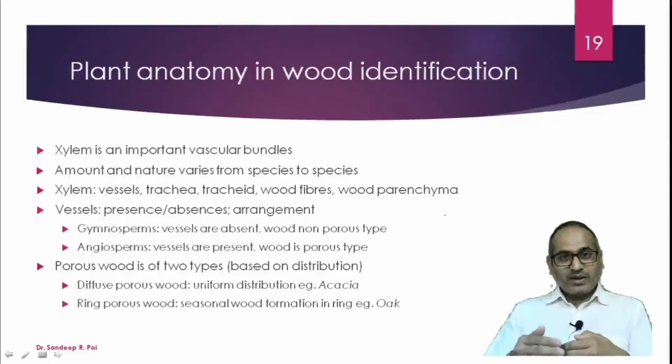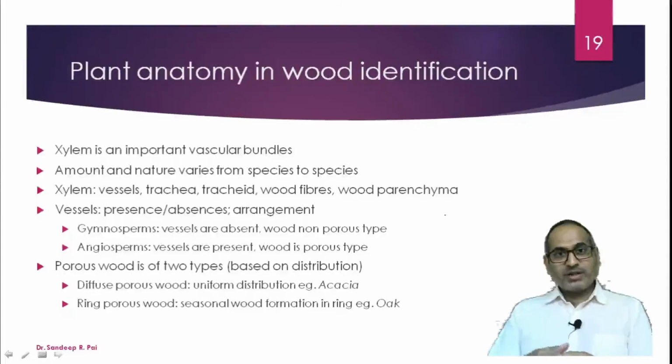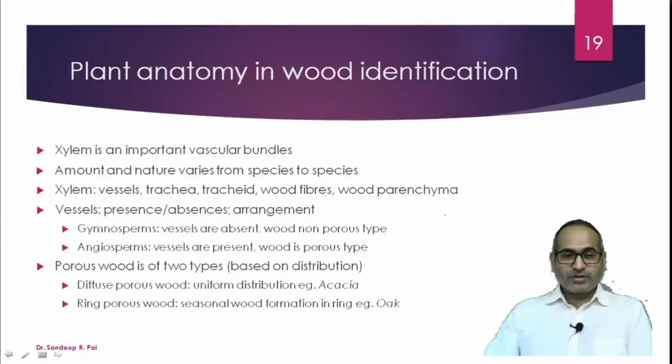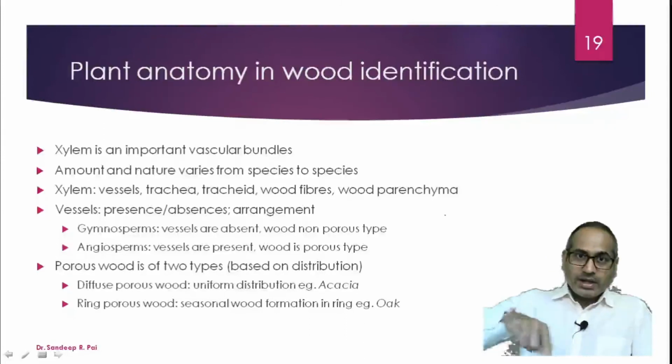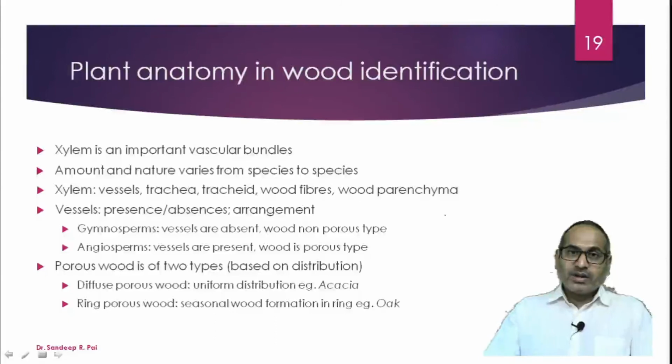You will see that in autumn a smaller amount of cells is produced, whereas in spring more cells are produced. So it gives a ring-like structure. There is an autumn ring and a spring ring in the wood.